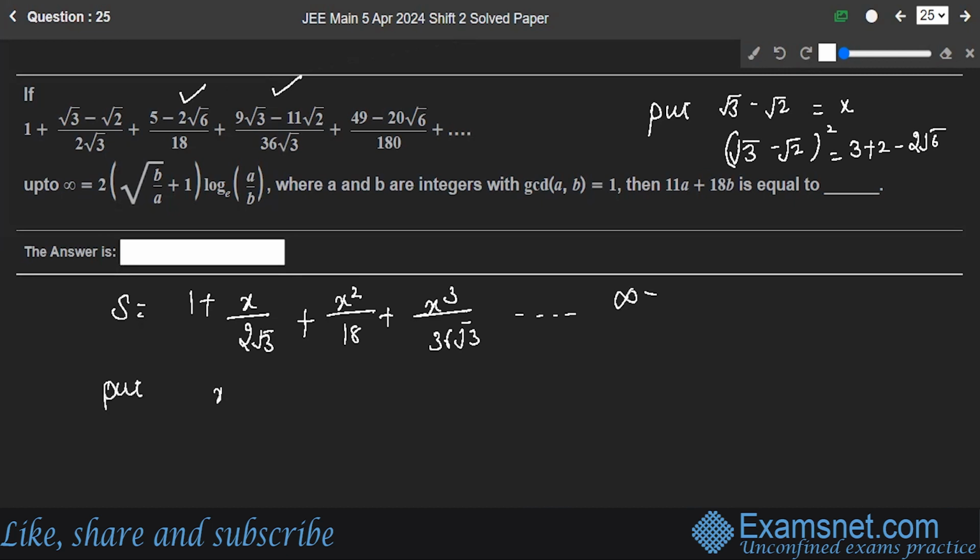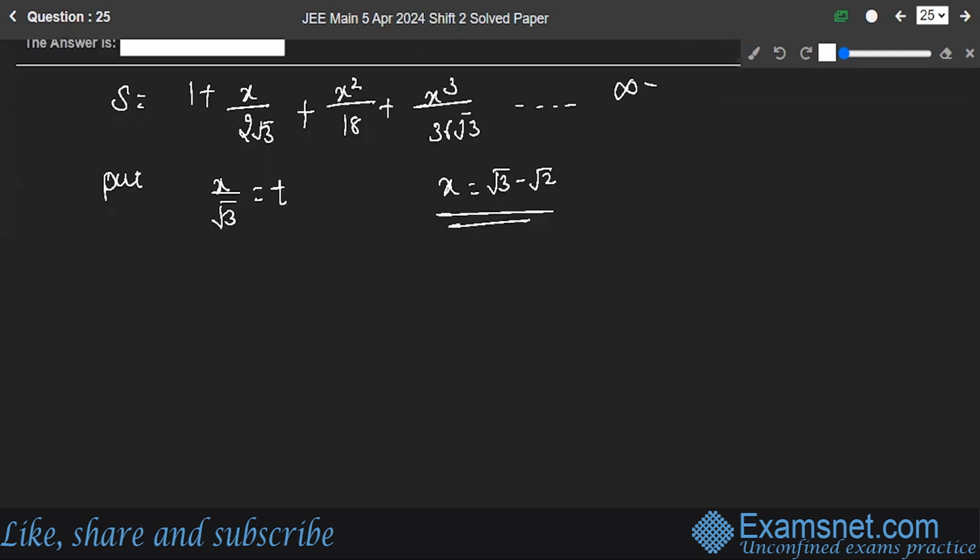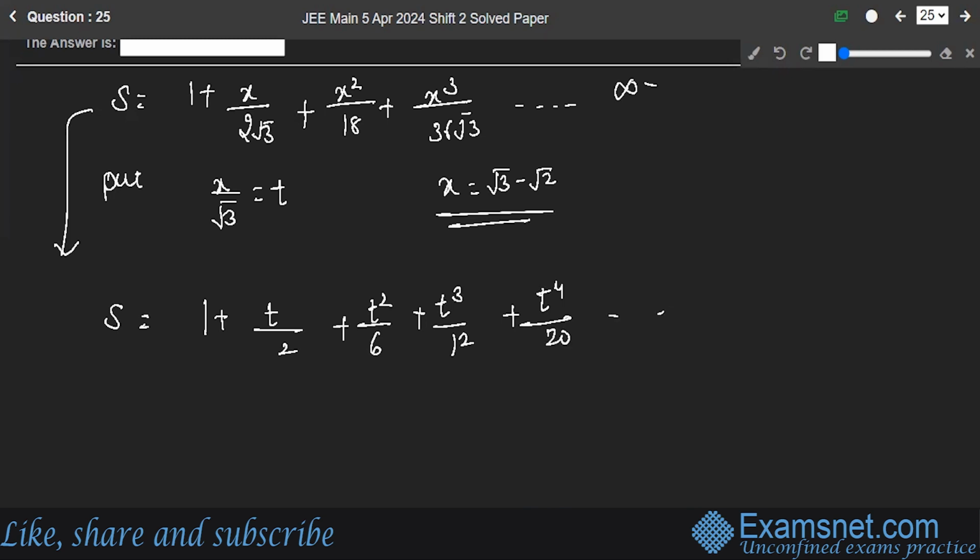Again, let's do one thing. Put x upon root 3 is equal to t. Here, x is equal to root 3 minus root 2. So you will have, let's go to this S now. This is equal to 1 plus t upon 2, t square upon 6, t cube by 12, by 20, so on till infinity.